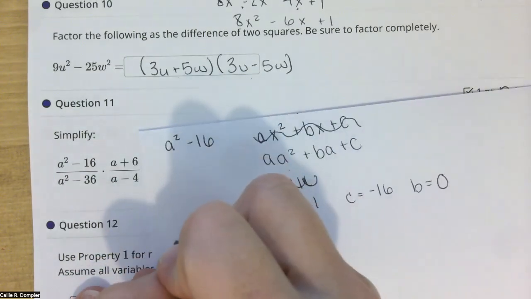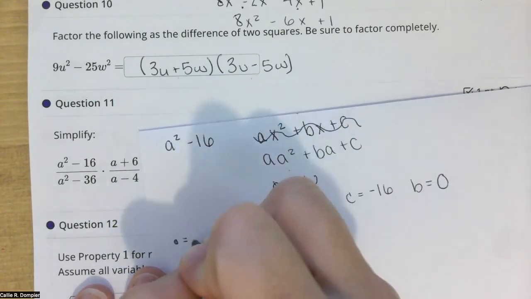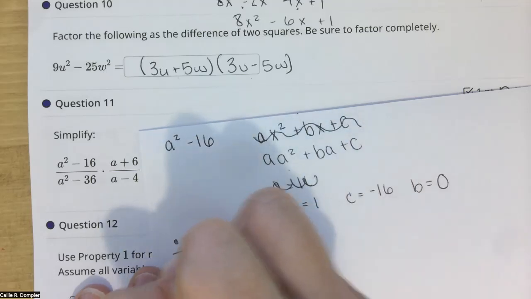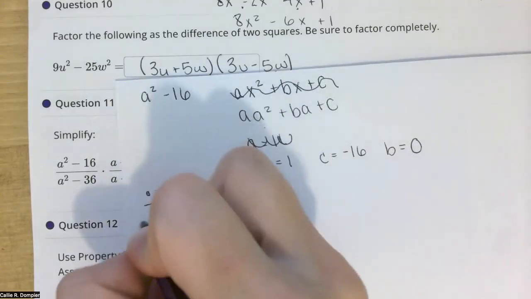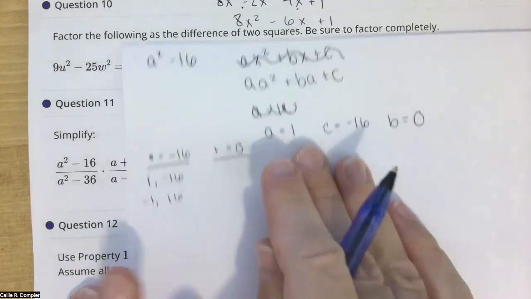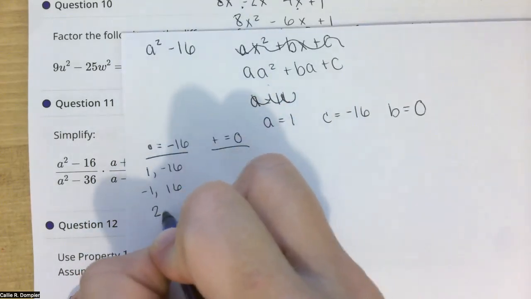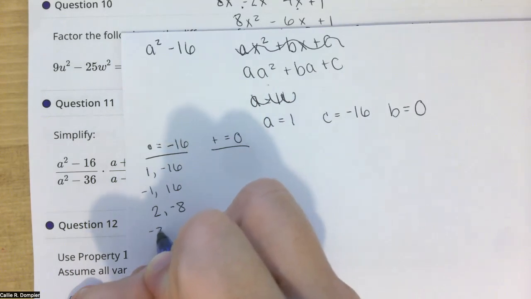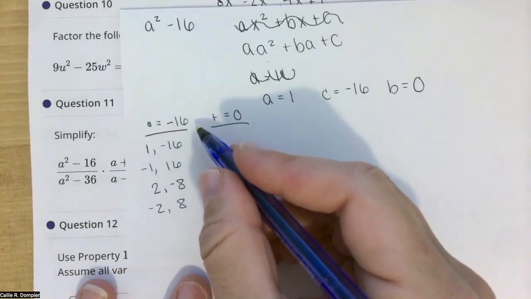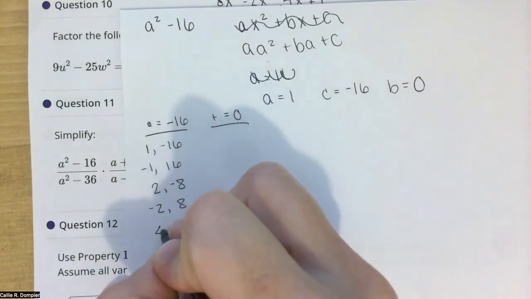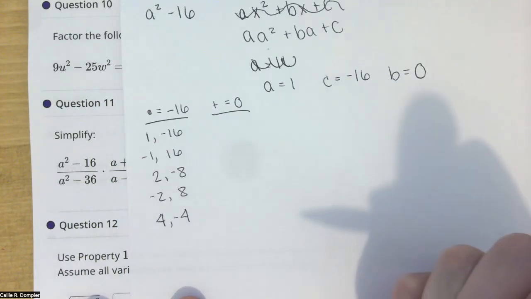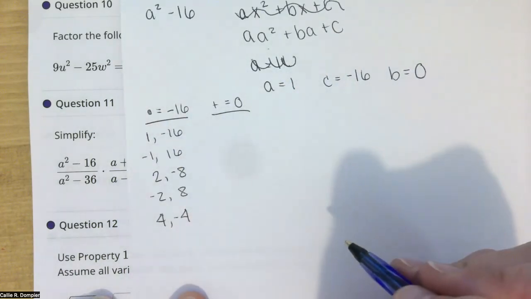So we want a number that will multiply to equal -16, but add to equal 0. -16, 1 and -16, -1 and 16, 2 and -8, -2 and 8, 4 and -4. And that's all, right? Do any of those add up to 0?